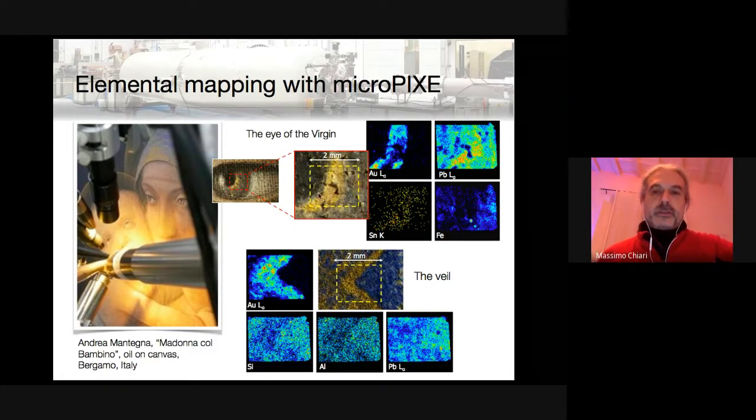You see here gold in this part, and also gold in the veil. So there was also a technological effort in producing and making this painting, even if the particular detail was very minimal.